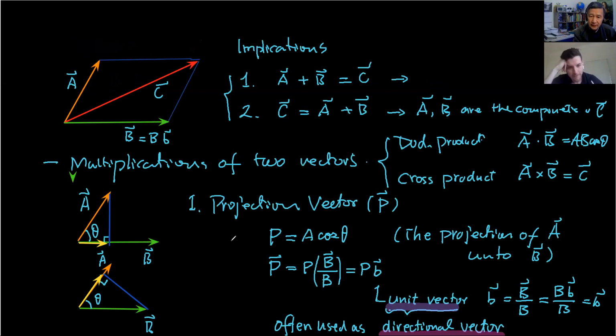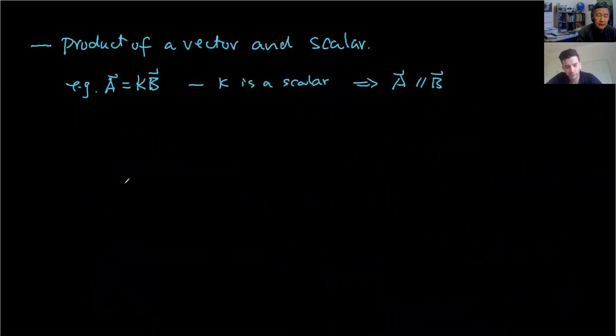So that is the projection vector, before we discuss the dot product. And the dot product is simple. In this first example, we only discussed the projection of vector A onto vector B. But you will notice that the projection of A over B is also always the same. Can we go to the next page?